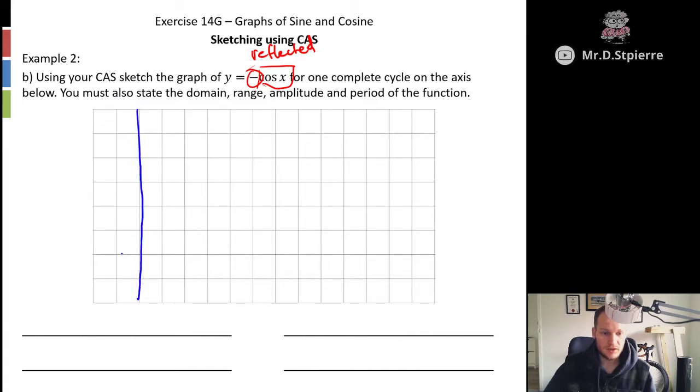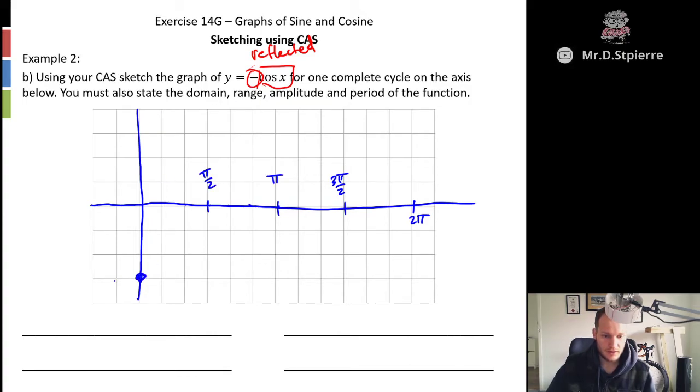This graph is much easier to sketch, and if you got it off your CAS, you'd also see the key points at pi on 2, pi, and 3 pi on 2, reflected down there, with -1.